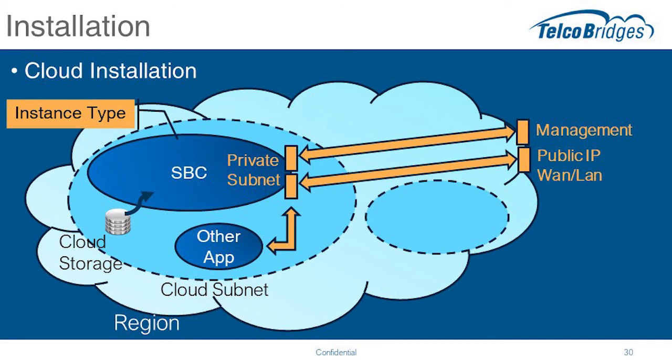And in that central office, you have some cloud storage somewhere in the region. When you allocate your instance here, you can choose in which subnet inside that region you start it. The interesting thing is that you can start other applications in the same subnet.